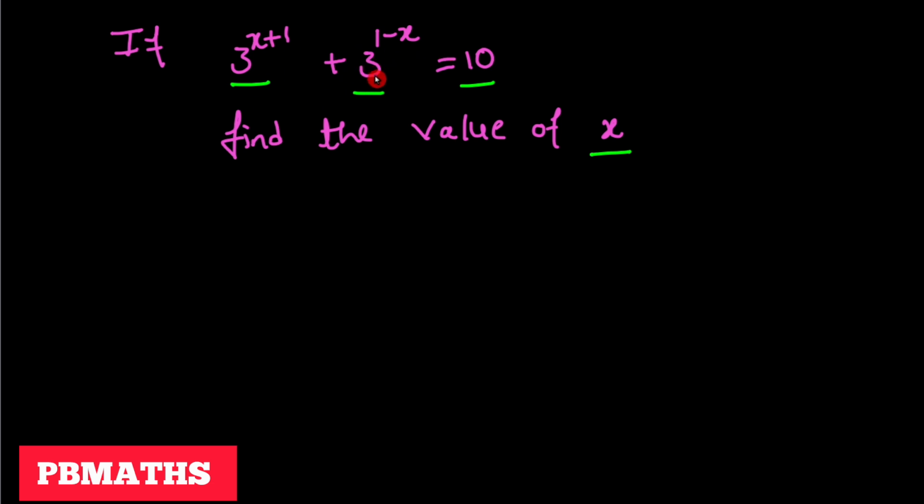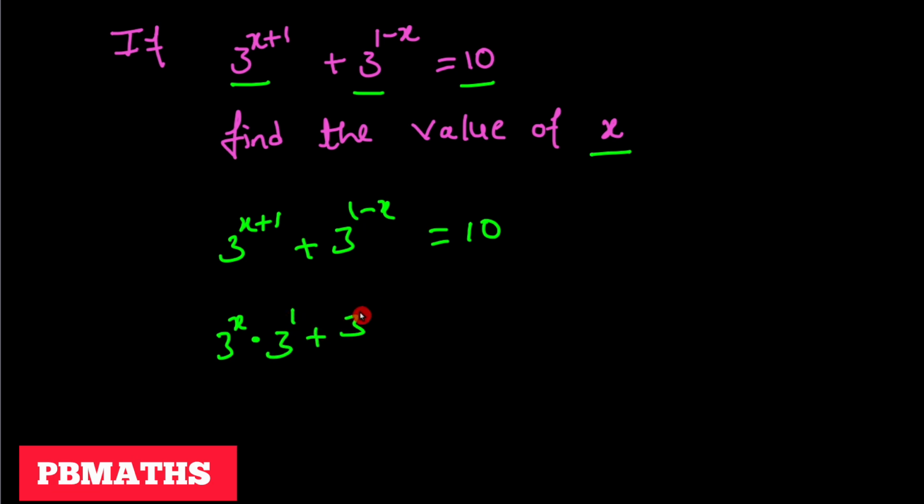So, to simplify this problem, I will write this expression 3 to the power x plus 1 plus 3 to the power 1 minus x is equal to 10. Here, 3 to the power x plus 1 can be rewritten as 3 to the power x into 3 to the power 1, plus this one can also be written as 3 to the power 1 into 3 to the power minus x is equal to 10.